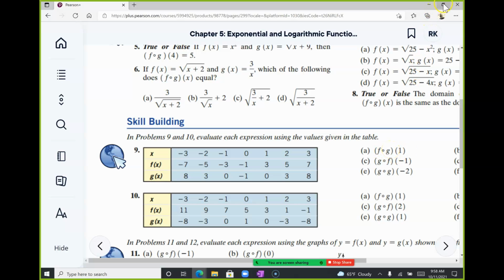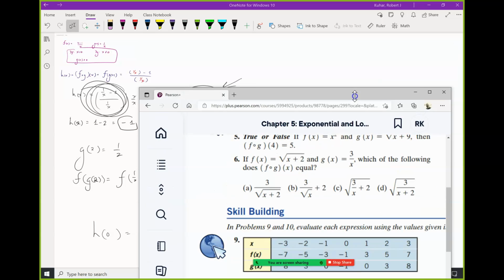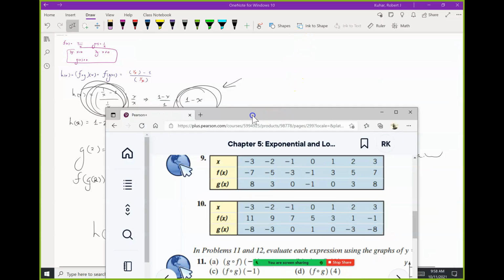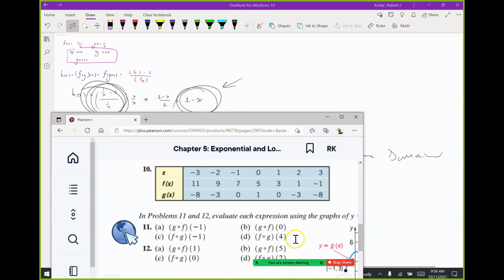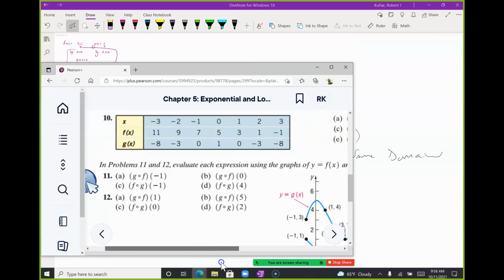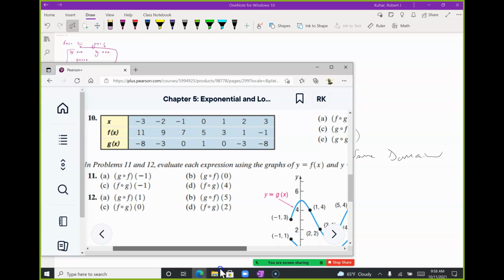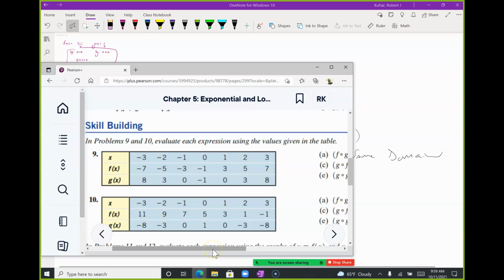Let me see if I can get a decent view. Sorry, trying. There we go. f composed of g of 1.